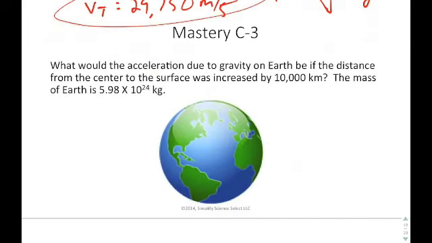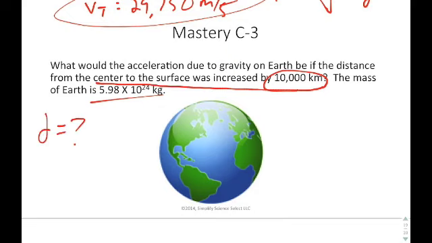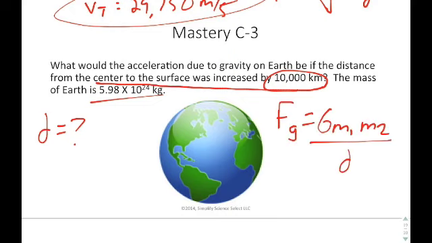The last example we have says, what would the acceleration due to gravity on Earth be if the distance from the center of the Earth was increased by 10,000 kilometers? The mass of the Earth is 5.98 times 10 to the 24th. Now, if you notice, I'm not originally given the distance to begin with. So, let's look at the equation. Fg equals G m1 m2 over d squared.